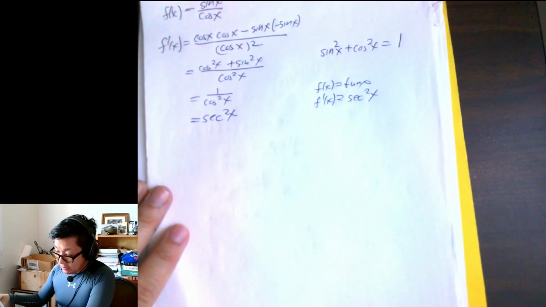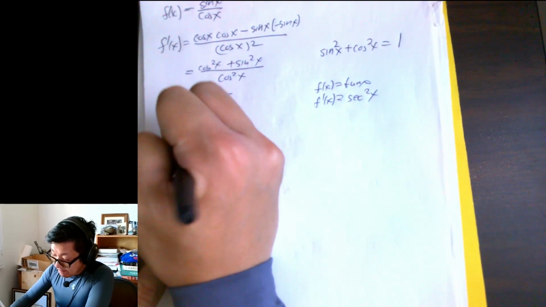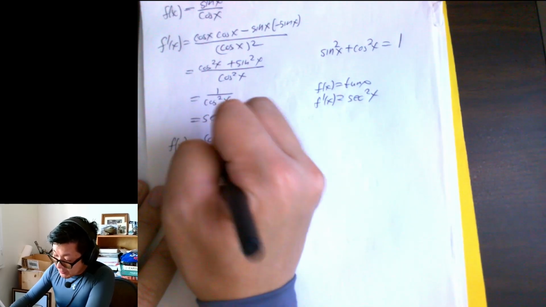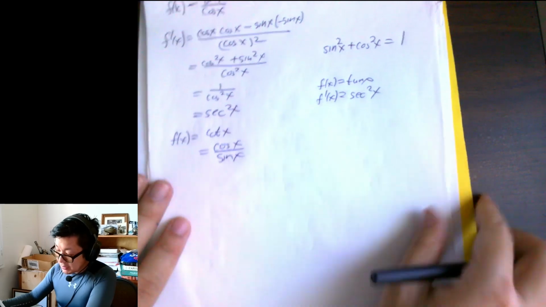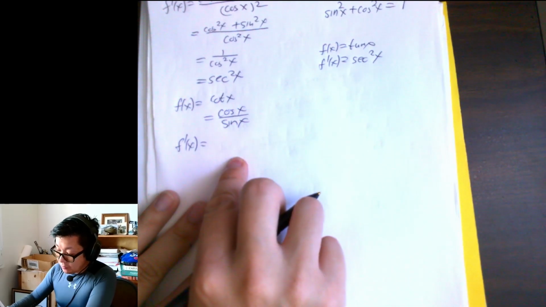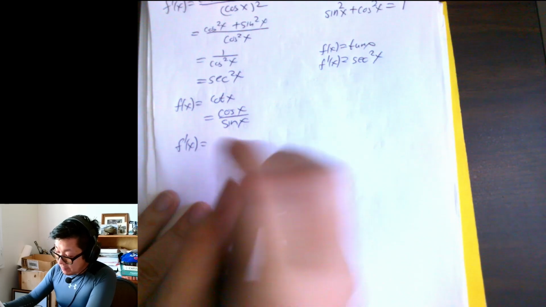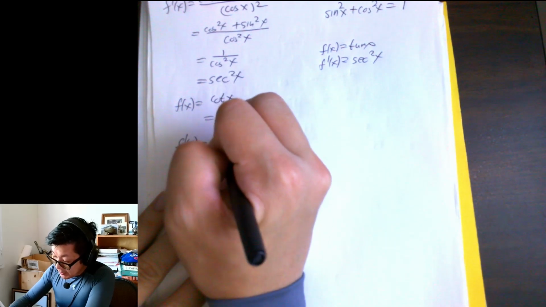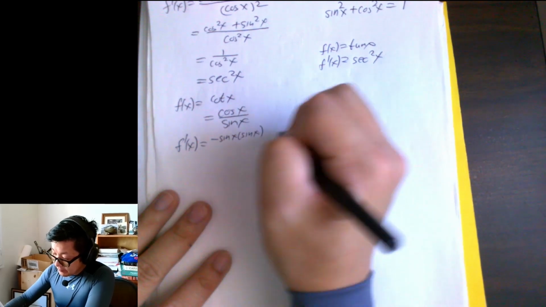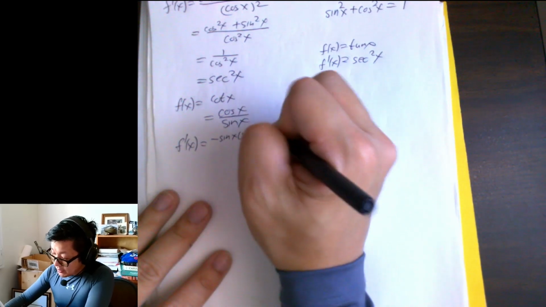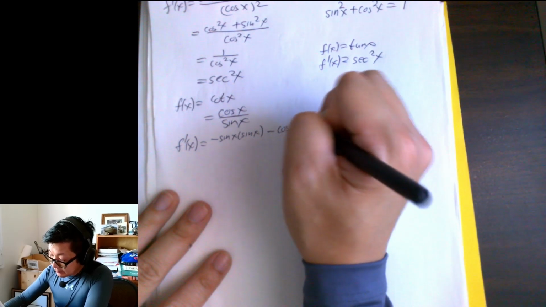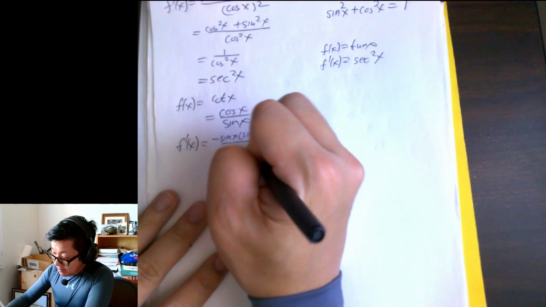We can do something similar with cotangent x. Rewrite it as cosine x over sine x. Again, finding the derivative of this using quotient rule. So that's going to be derivative of the top times the bottom minus top times the derivative of the bottom over the bottom squared.